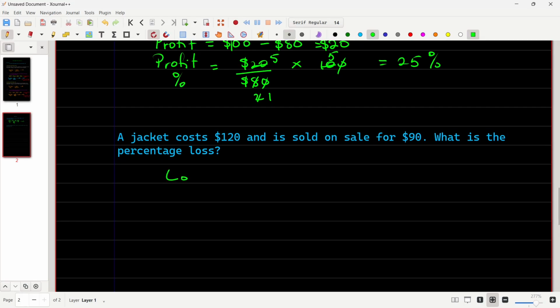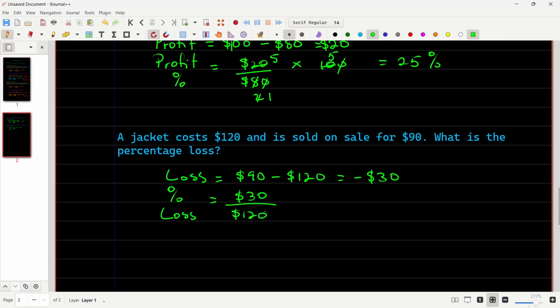We calculate first the loss, which is, again, your selling price, which is $90, minus your cost price, which is $120. That gives me a negative $30. Therefore, it's a loss I'm talking about. And then I am looking at my percent loss, which is my loss amount, $30, divided by my cost price, which is $120, and then multiply by 100%. A 0 cancels with a 0 here.